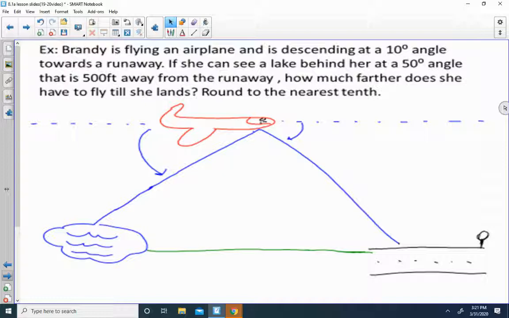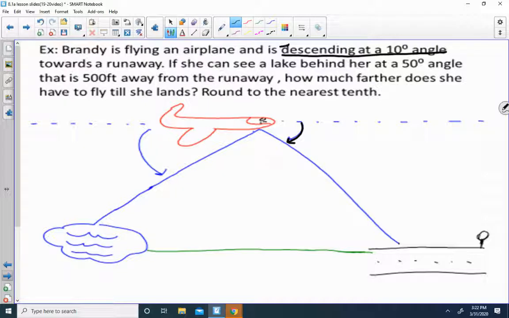We have Brandy in an airplane, we have a lake that's behind her, and we have a runway that's in front of her. So let's look at the first sentence. Brandy is flying an airplane and is descending at a 10-degree angle. Basically right now she's flying straight, but eventually she's going to have to start turning that airplane to point downwards.